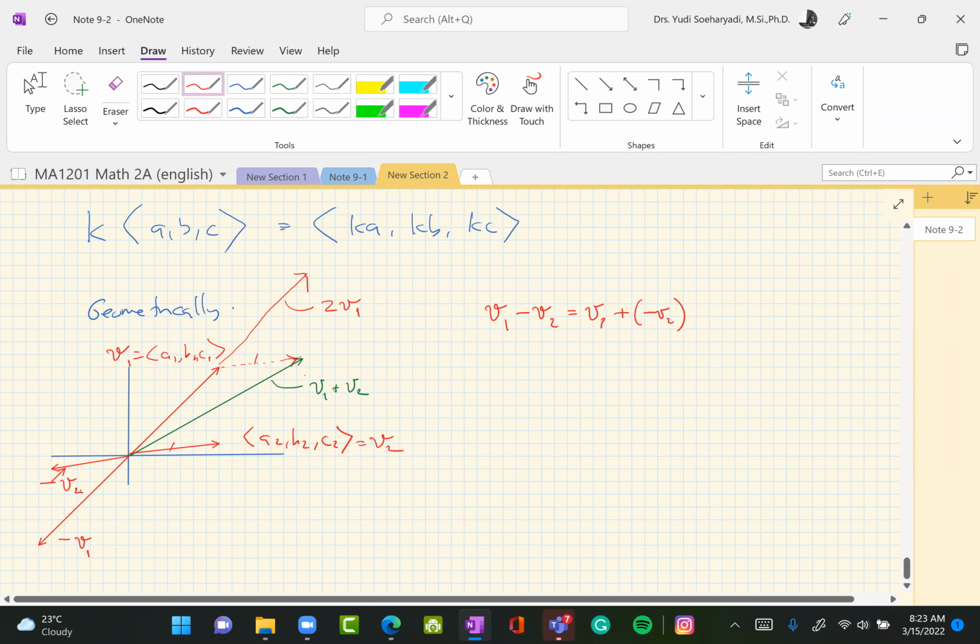Then this one is going to be this way. So the negative is just the opposite.